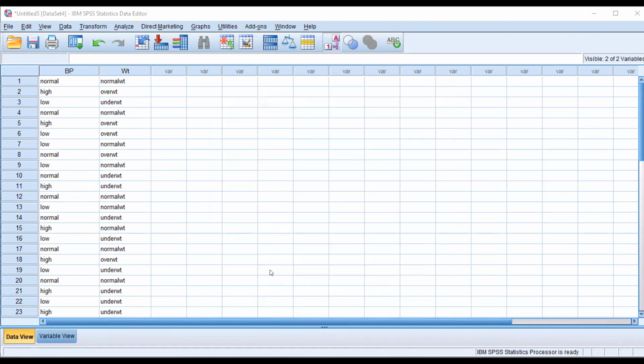BP and weight have 27 observations and 100% valid cases, no missing values. If there is any missing value, you first have to replace it using the median, mode or average method. Here is the count crosstab: low BP and underweight, 5 people; low BP and normal weight, 4 people; low BP and overweight, 1 person.